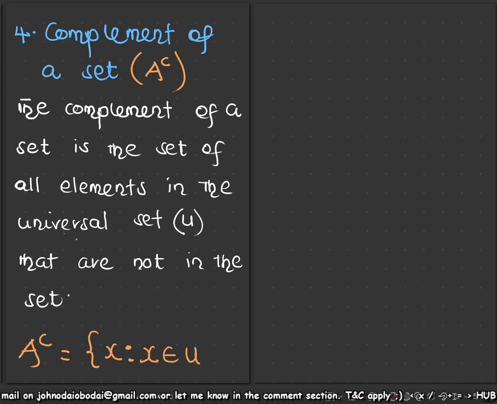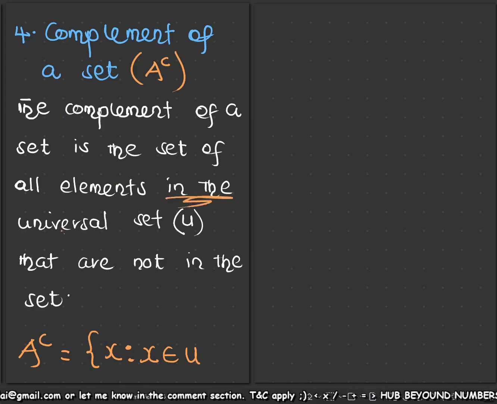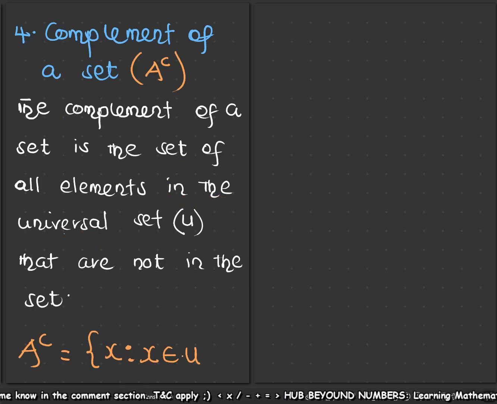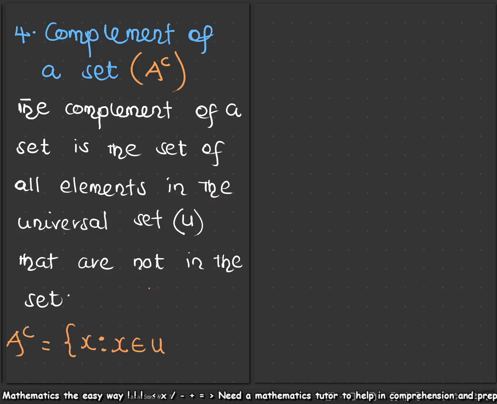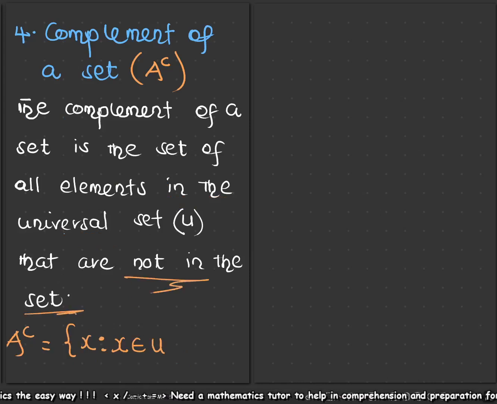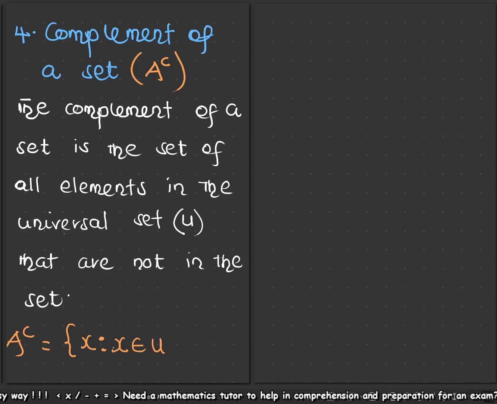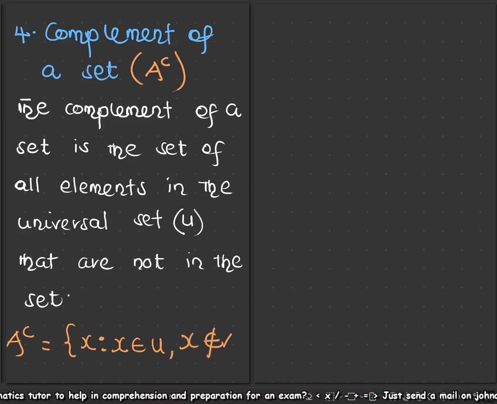We said the complement of a set is a set of elements inside the universal set, but not in set A. So X is an element of the universal set, but X is not an element of A. This is how we write it. So this is set builder notation. That is all there is.